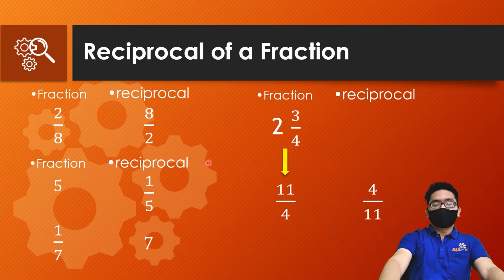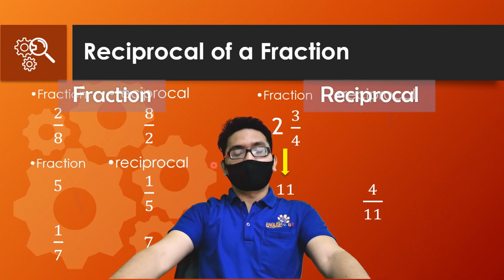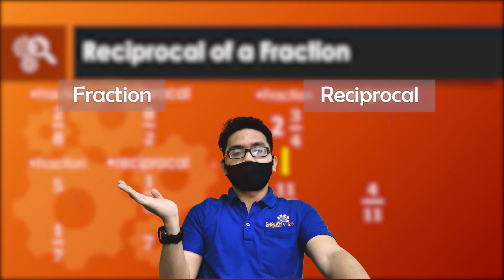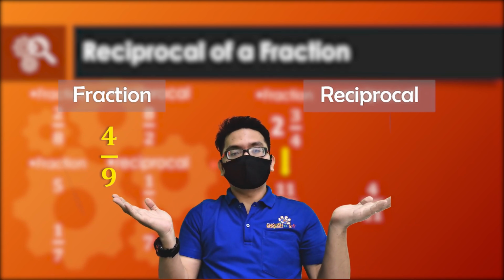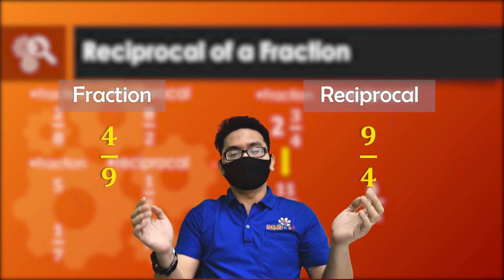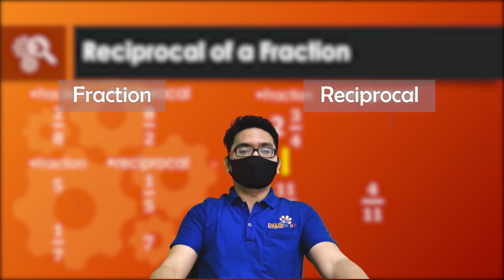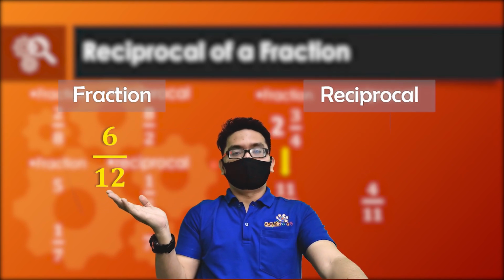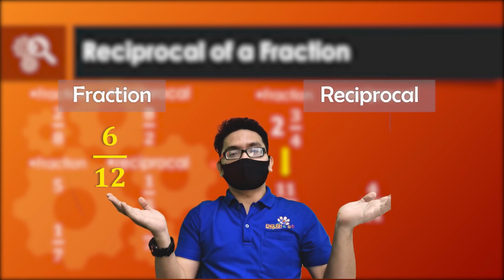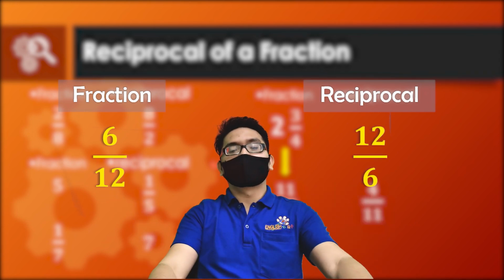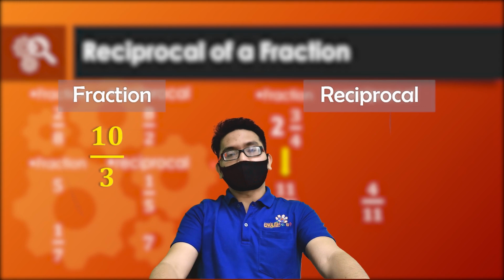Let's have more examples. What if our fraction is 4 over 9? The reciprocal is 9 over 4. Very good. How about 6 over 12? The reciprocal is 12 over 6. How about 10 over 3?